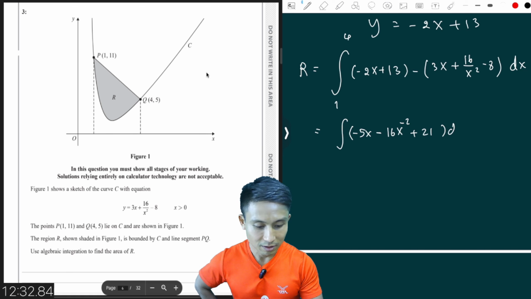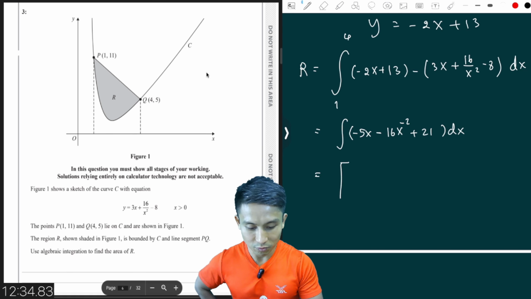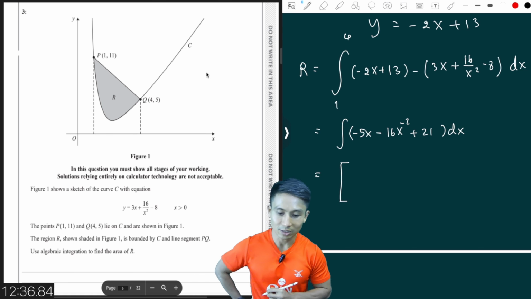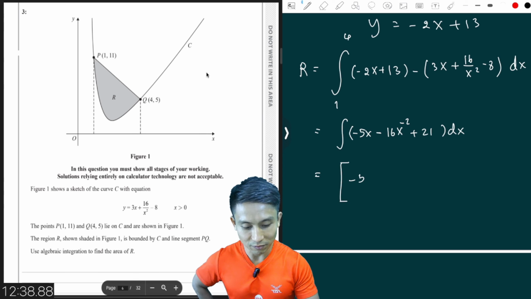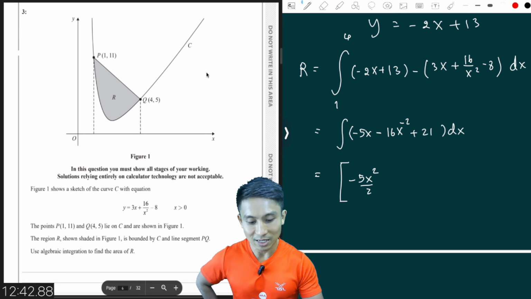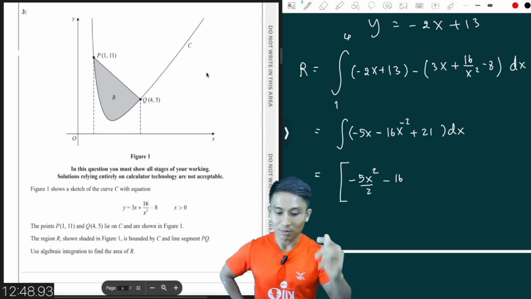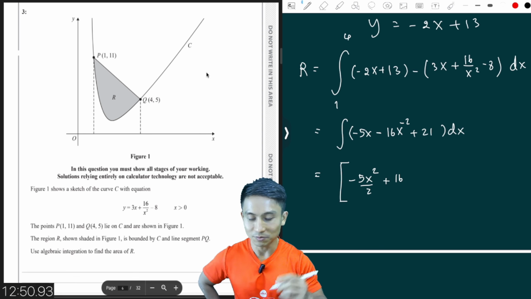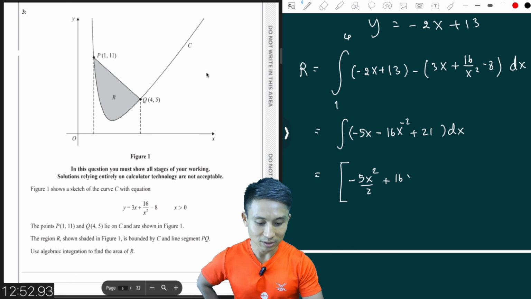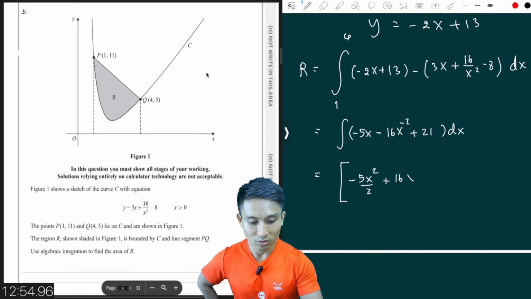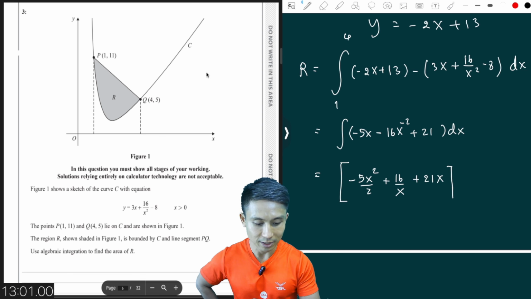Integrating, we get minus 5x squared over 2; for the minus 16x to the minus 2, you add 1 to the power to get minus 1 and divide by minus 1, so this becomes a plus 16 over x. Then this is just 21x, and that's it.